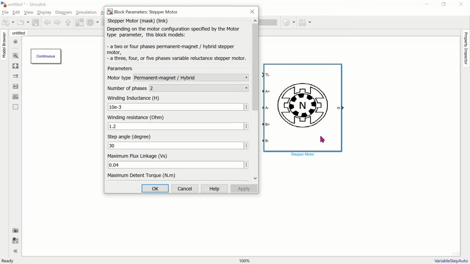Yes, it is a stepper motor of permanent magnet type, and the number of phases we are selecting is 2. These are the parameters of winding inductance, resistance, and we are selecting the step angle of 30 degree.